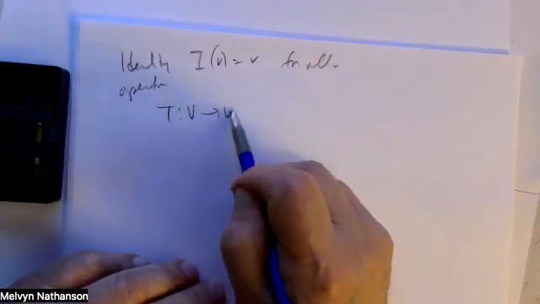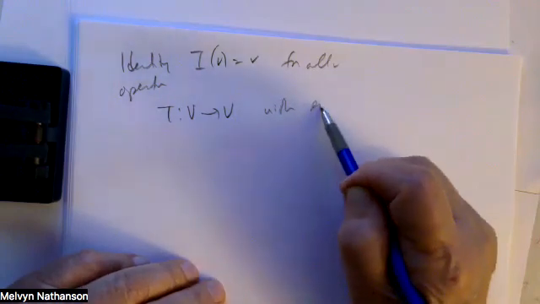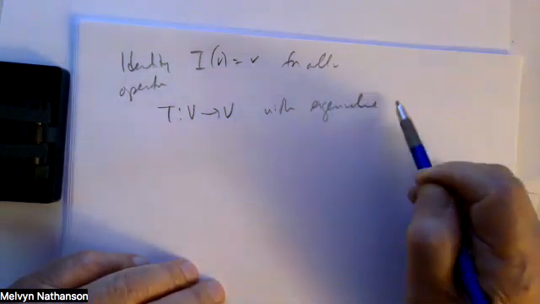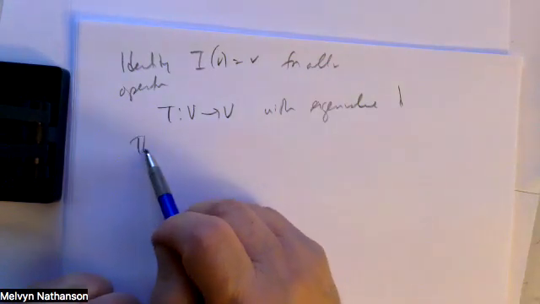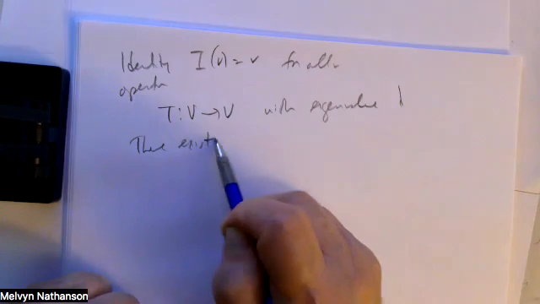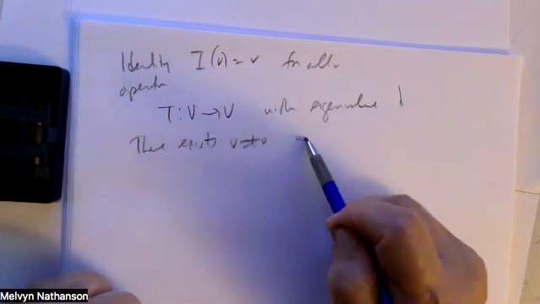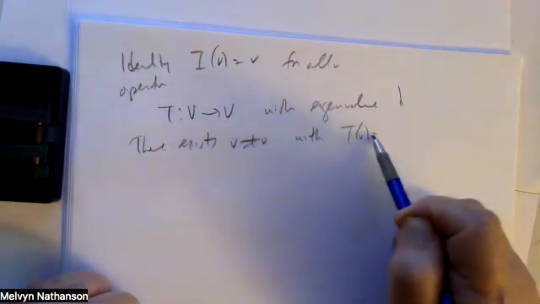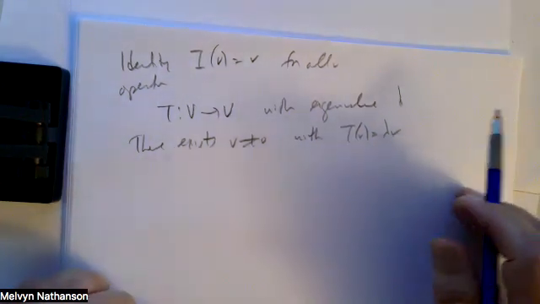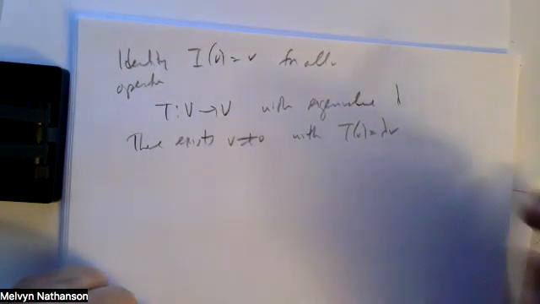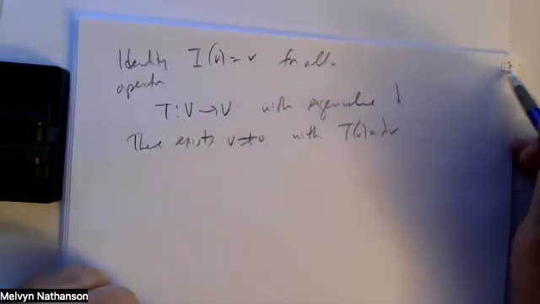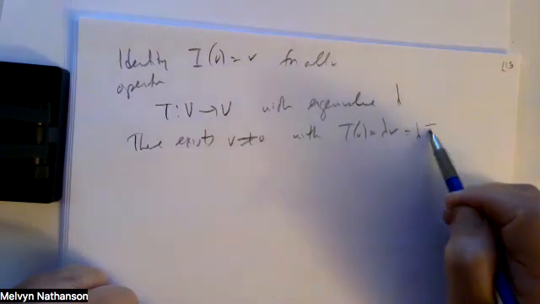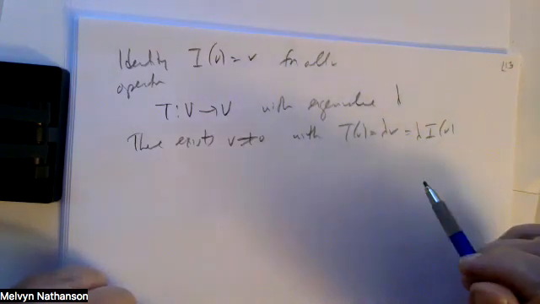So suppose we have a linear operator T from V to V with an eigenvalue lambda. So that means there exists a vector v different from 0 with T of v equal to lambda times v, which I can certainly write as lambda times the identity operator I times v.